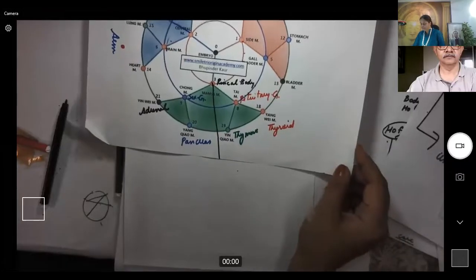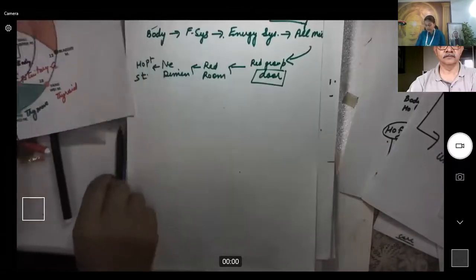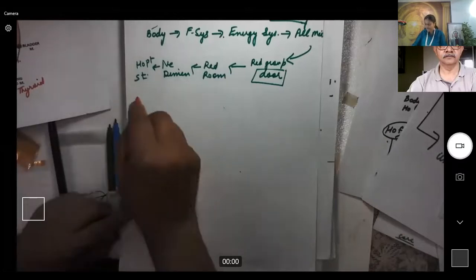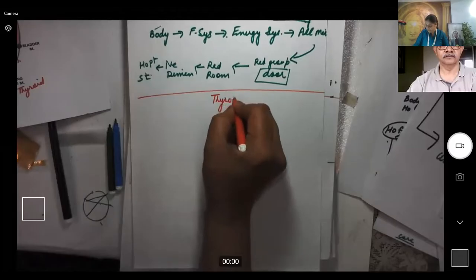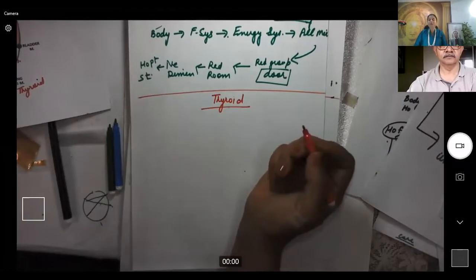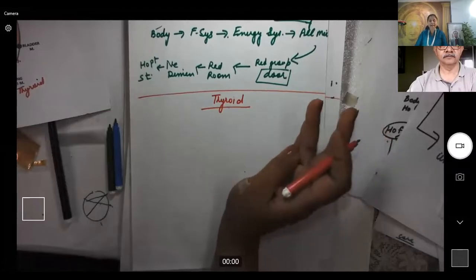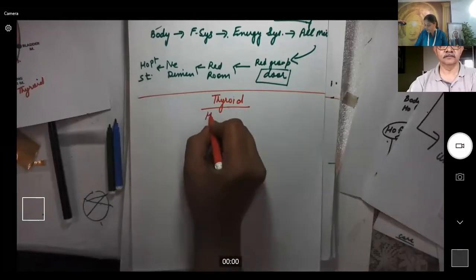Now, let's do thyroid treatment. Hypothyroid is very common. Hyperthyroid or hypothyroid, thyroid. So after reaching thyroid, then you can do treatment. Reaching is important, and then you can do two types of treatment. Hypothyroid.